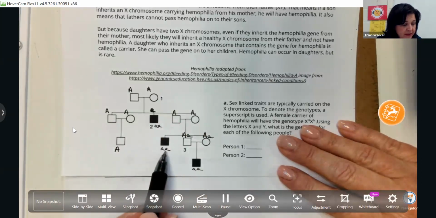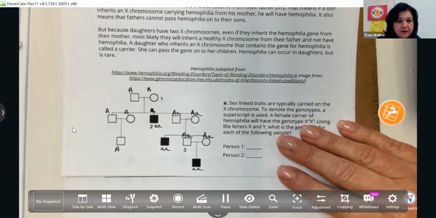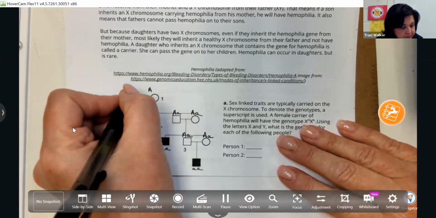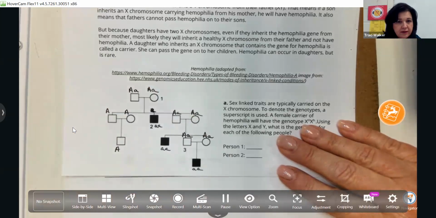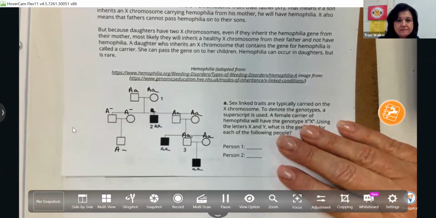This boy is a, so mom and dad are carriers. This boy is a, so mom and dad are carriers. These we don't know, so these are all dashes.